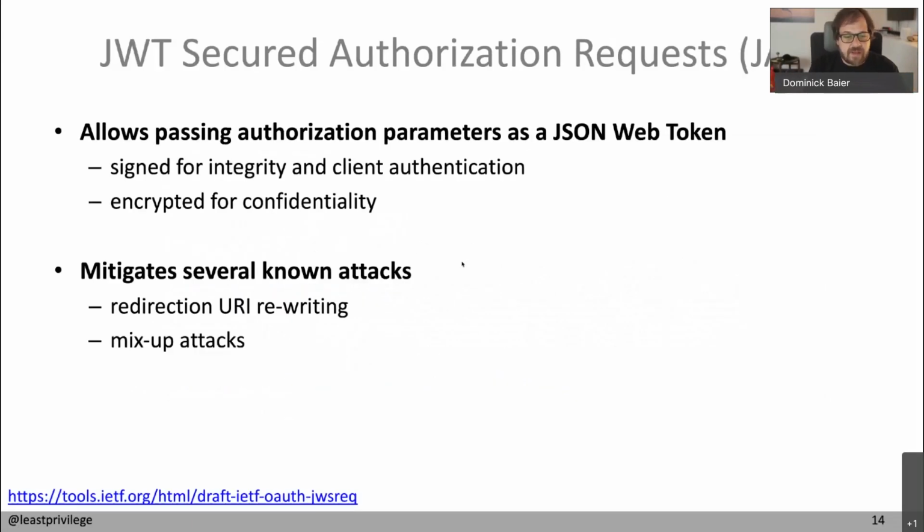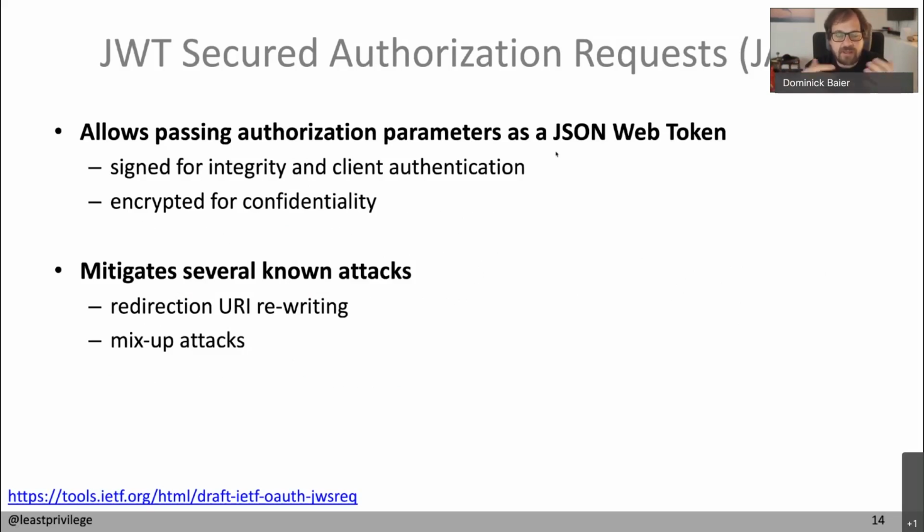And that is another spec that is almost done. It's in the last stages of being finalized. It's called the JWT-Secured Authorization Requests spec, or JAR, as many say. And the idea is really, as I just said, instead of passing unprotected query string name-value pairs over the authorized request, you sign the query string.